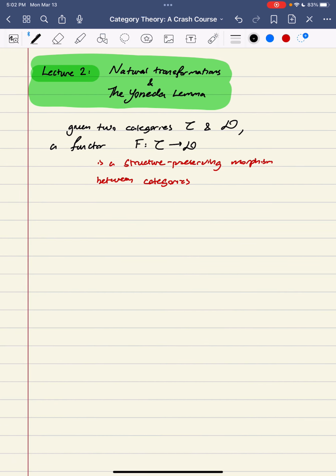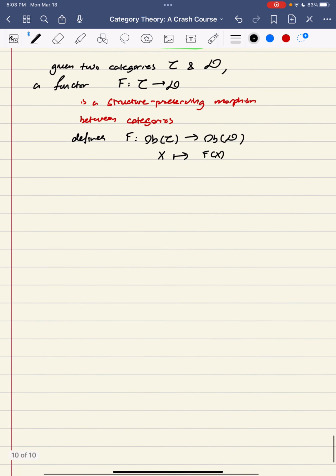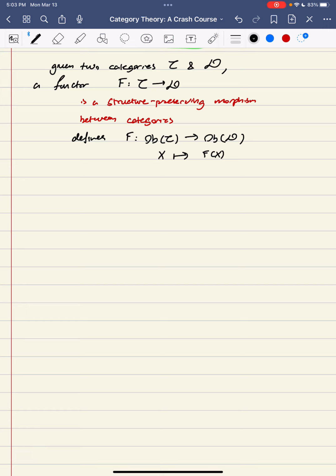So we saw that a functor is a way of associating, you get a function on objects, from the set of objects of C to the collection of objects of D, so X goes to some object F of X. And for any two objects X and Y, you also define a set function to the set of morphisms from F of X to F of Y. You send a morphism little f to big F of little f.